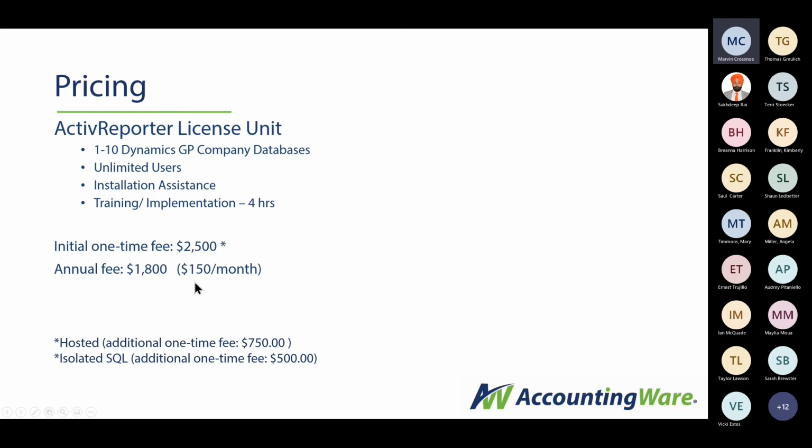Now, there's two caveats denoted by the asterisk. If you're hosted on a third-party hosting system where we have to get them involved and have to open up firewalls and things like that, then we do charge an extra $750 flat fee.